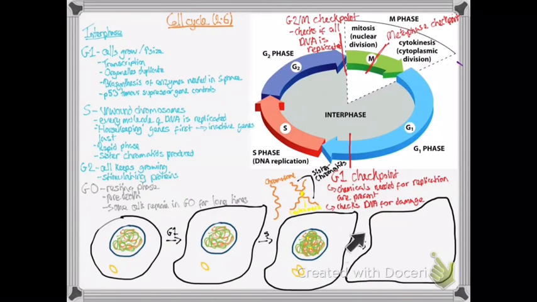Finally, we have G2. So the cell keeps growing, and I've tried to draw the cell bigger. It's not that noticeable, but that cell is bigger. We've got these molecules of DNA which have been replicated now. So there was two originally. They're both replicated, and then we've got four.